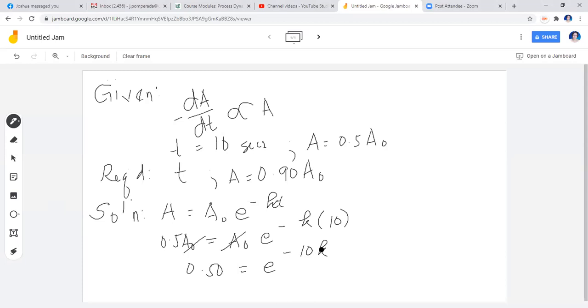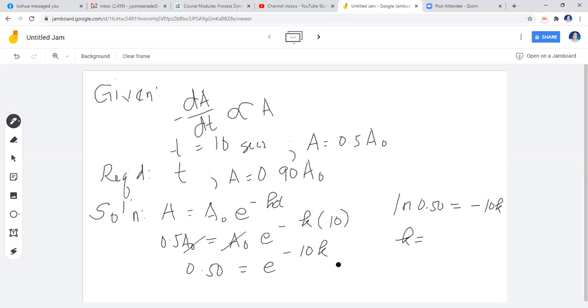Now, in the process, I'm sure you know what to do. You will need to get the ln of 0.5 on the left side and equate that. So if this one is ln already, this would be negative 10K. So now you will have an answer for the K.